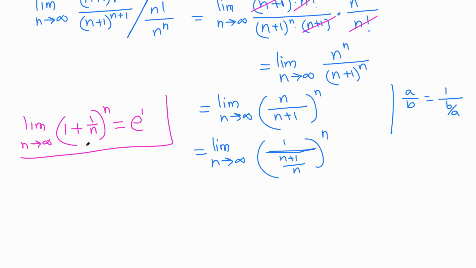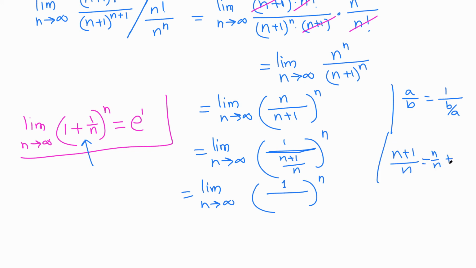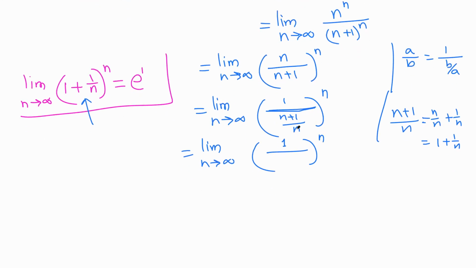So I'm making something similar to this: something raised to n, with 1 on top and on the bottom (n+1) over n. We can separate this into two fractions: n over n plus 1 over n. That is 1 plus 1 over n. That's exactly like here, but we have 1 on the top. And 1 raised to n is always 1.